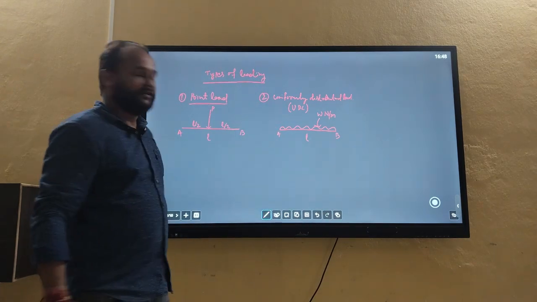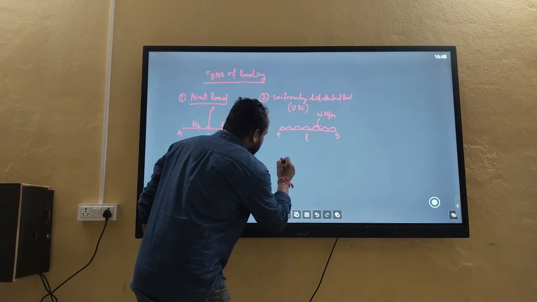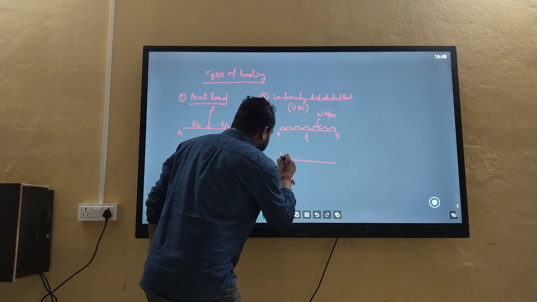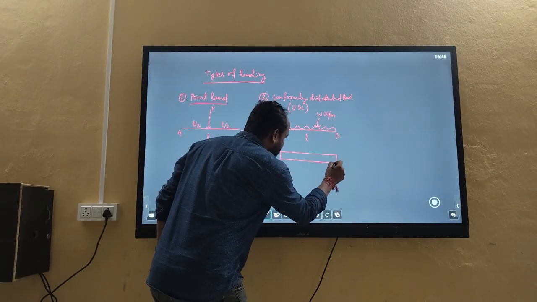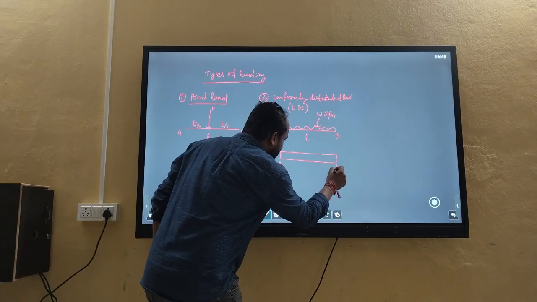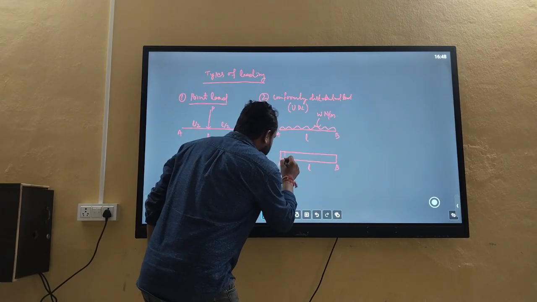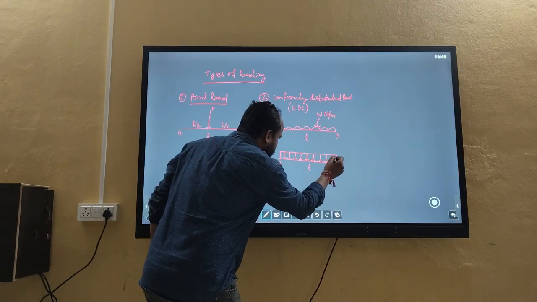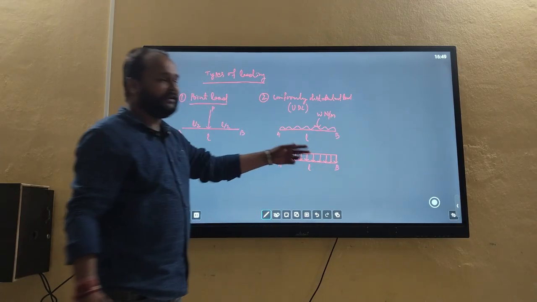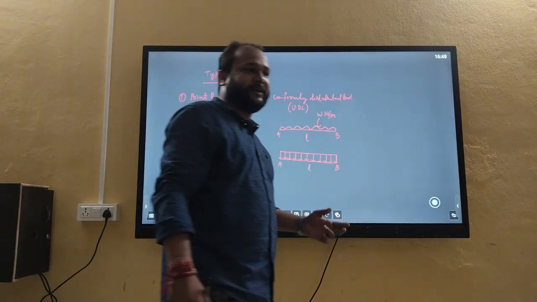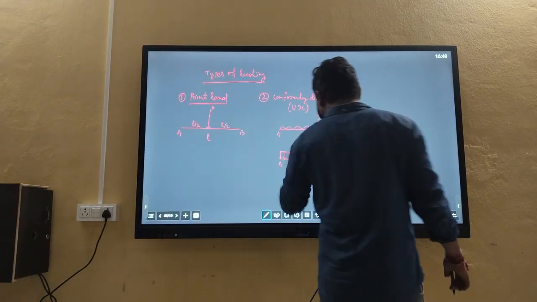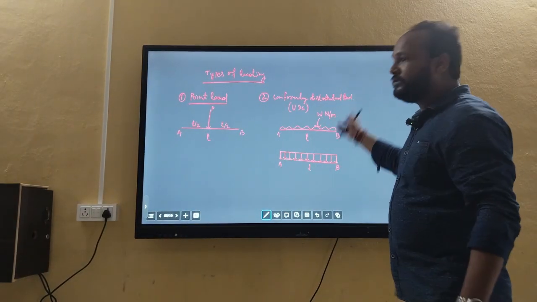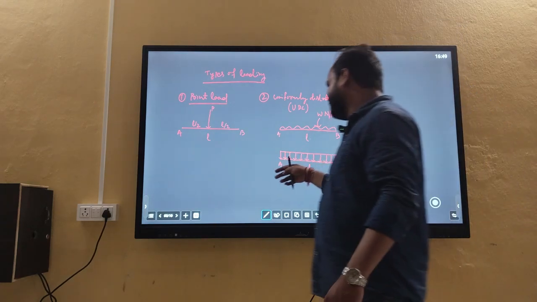UDL looks like this. Or in some books, you may see that UDL is also drawn like this. This is a beam AB having length L. That means throughout the beam AB over the length L, W Newton per meter force is acting.